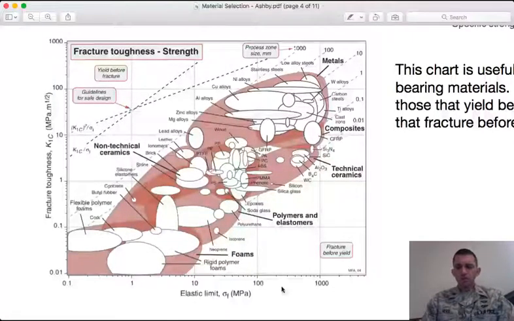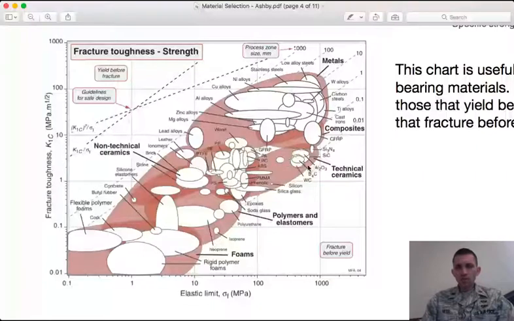Conversely, if the elastic limit is very high and the fracture toughness is very low, this is getting into more ceramic materials, then we're going to get into a regime where we're going to fracture before we yield. And generally, it's more desirable to yield before you fracture. And so you can see here that as you change the process zone size, that would be like the grain size.